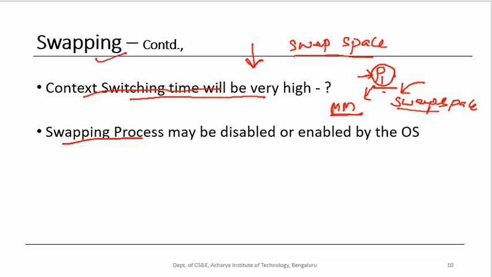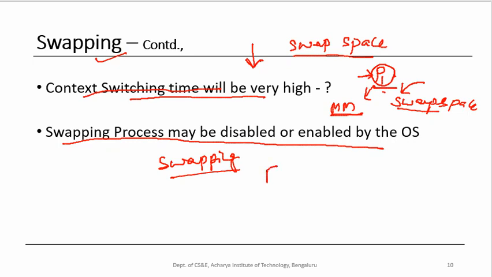So that's the issue associated with this swapping. Therefore all recent operating systems by default disable this swapping, and the swapping will not happen as long as we have enough free memory in the main memory.